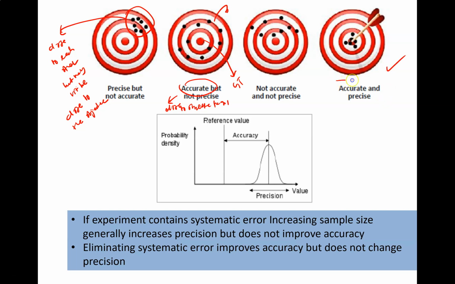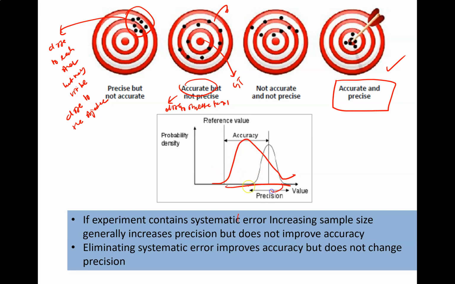We always want in our system the data to be close to each other and very close to the ground truth. So this is the probability density and the value. This is what we call the precision. We don't want the precision to become too big, like this graph.